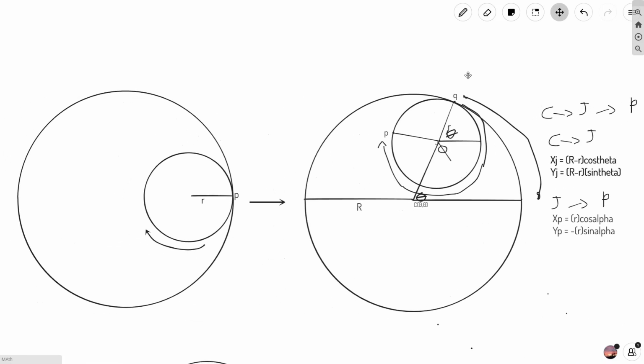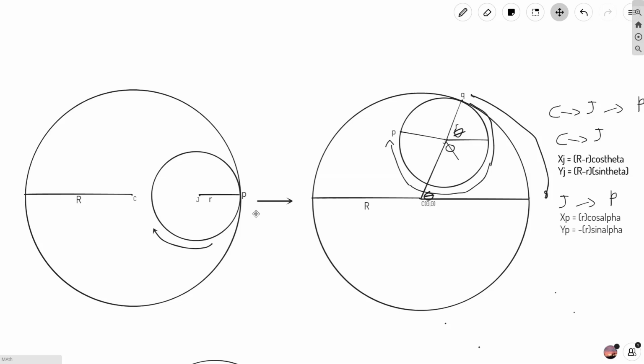Okay, let's look at it. When the smaller circle gets to this position from the initial position, when the smaller circle rolls around like this, P, which was here, so it would actually be touching, ended up here. Now you have to understand that the distance covered when the smaller circle was rolling around the interior is the same as this arc.